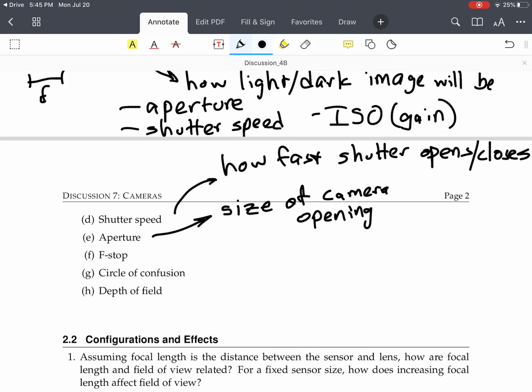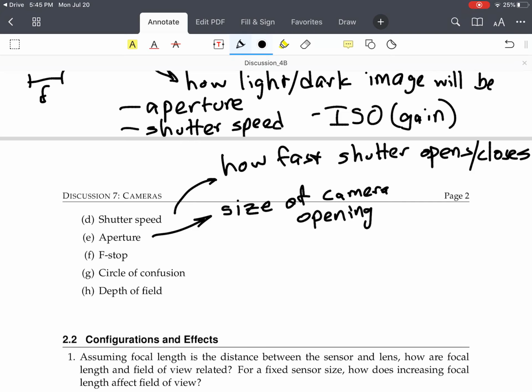You can close it down a little bit or open it a little bit, and that's the size of the opening through which light enters the camera. So this can also be used to affect how much light is coming in. Smaller hole, less light comes in; bigger hole, more light comes in. So that's how that will also affect the exposure.